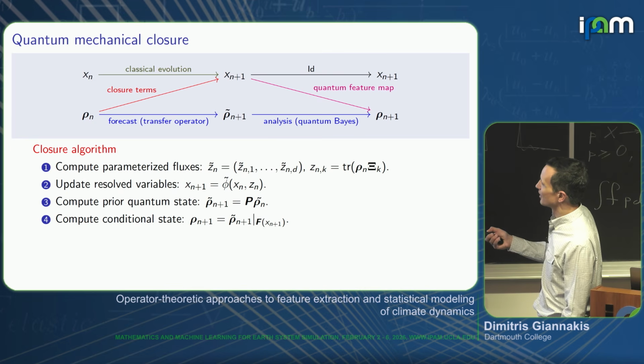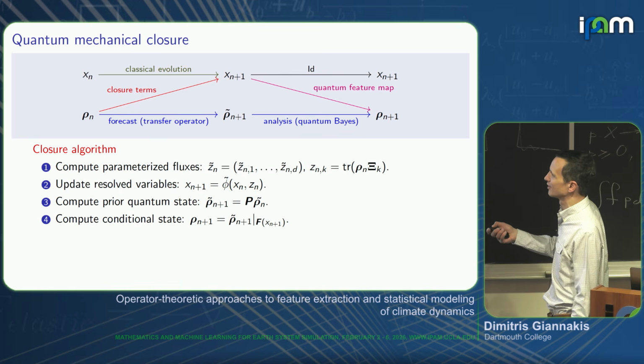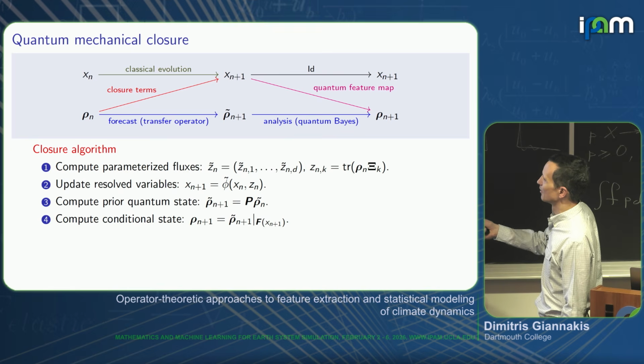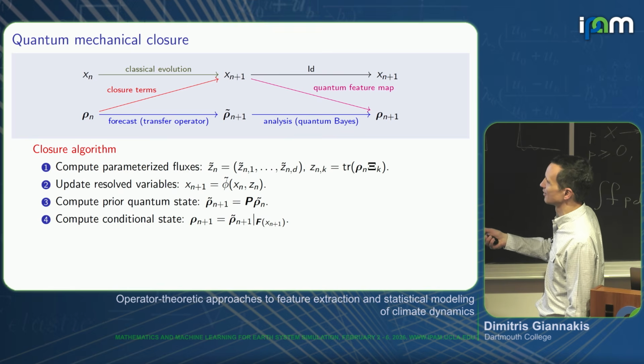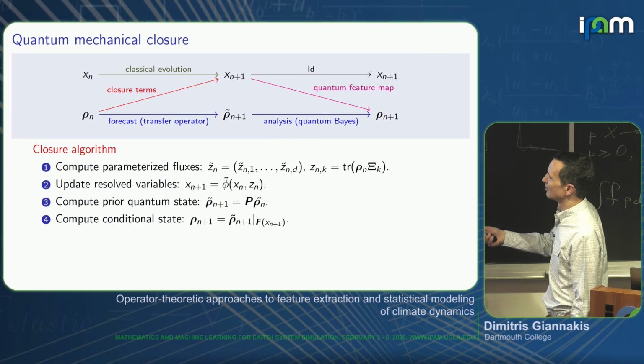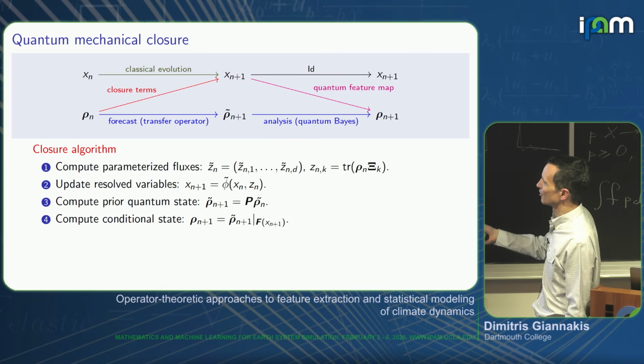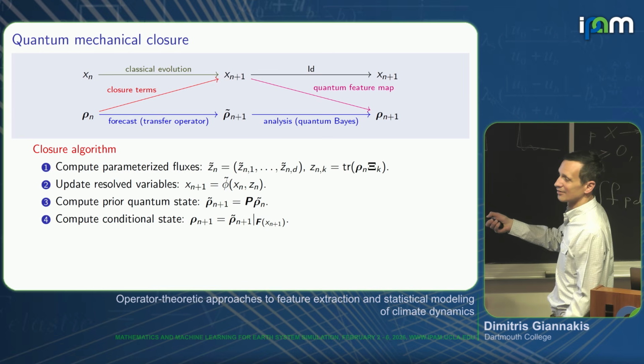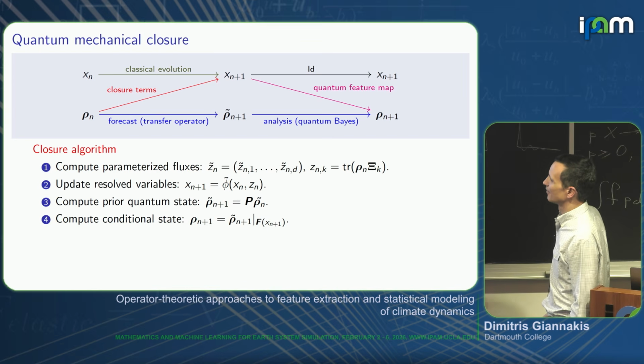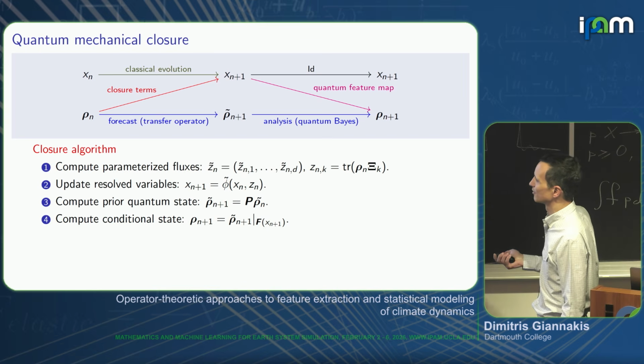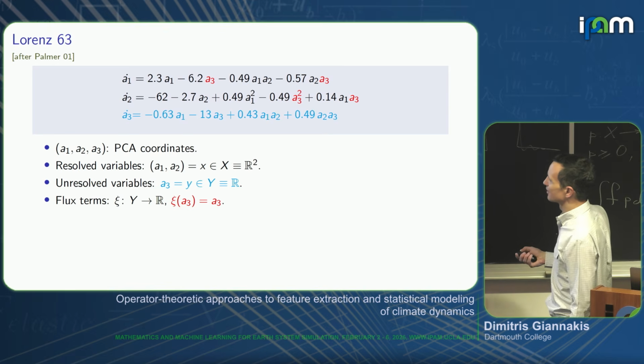The difference now being that the quantum system influences the classical system, whereas in data assimilation we didn't have that. We were only being influenced by the observations of the classical system. Here we're also predicting the closure fluxes to advance the state of the unresolved variables. But mechanistically it's the same.